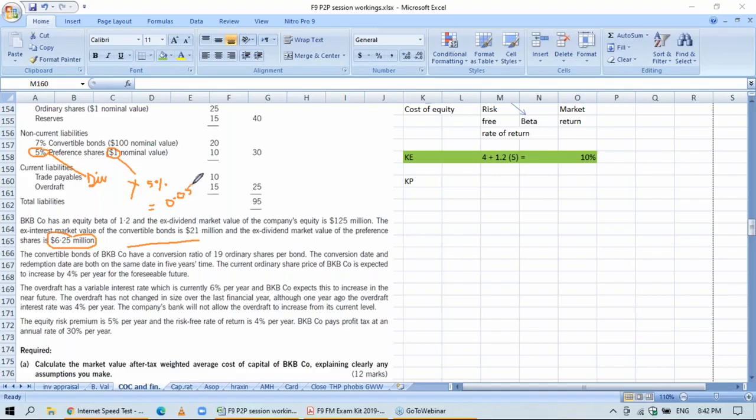Right? Okay. Now, how many preference shares are there? So the quantity of preference shares is 10 million and its market value is 6.25 million, which is given over here. So first you can calculate the market value of a preference share. So let's calculate the market price of one preference share first.